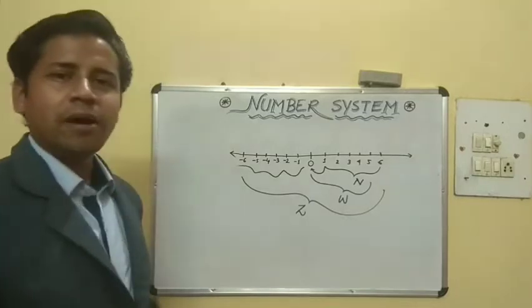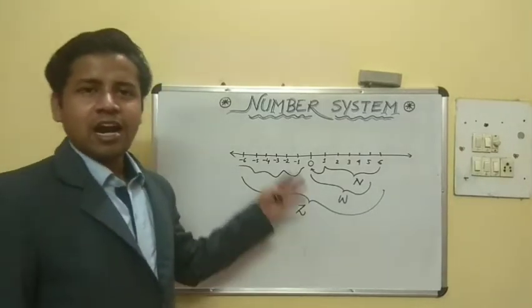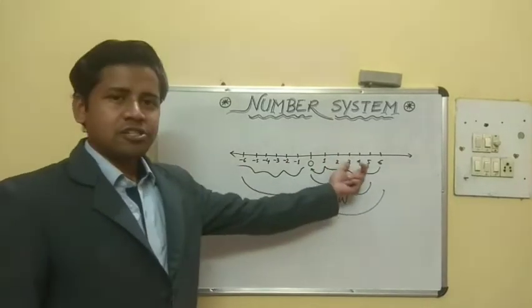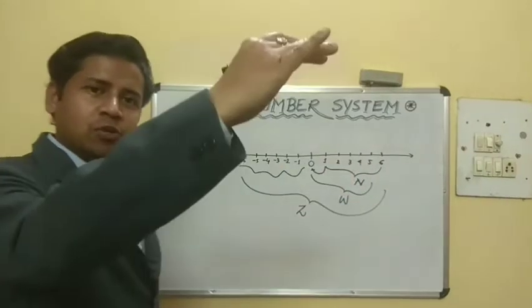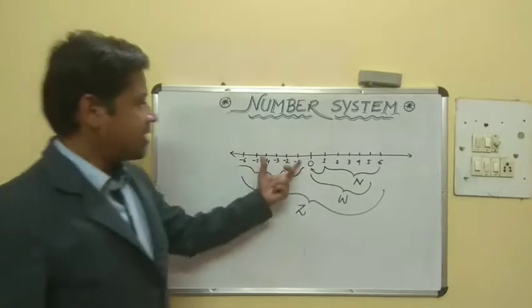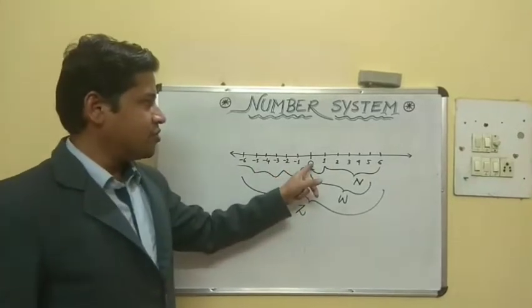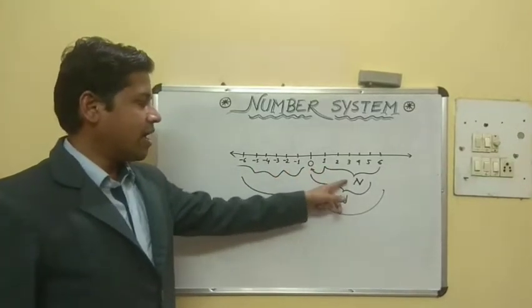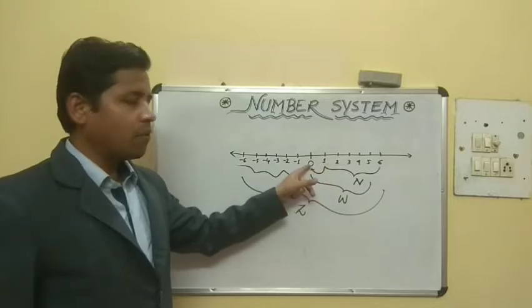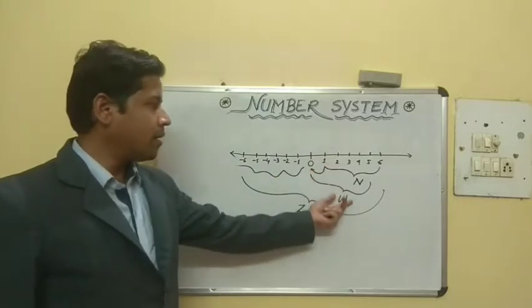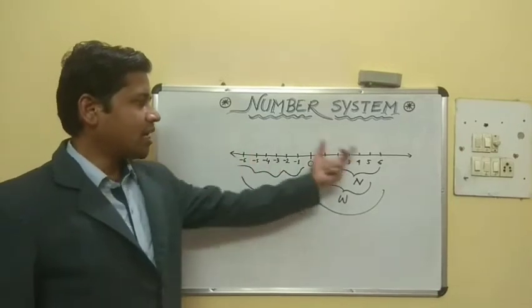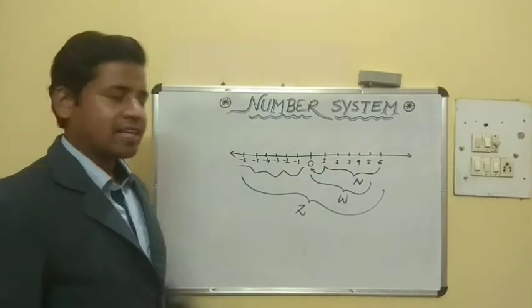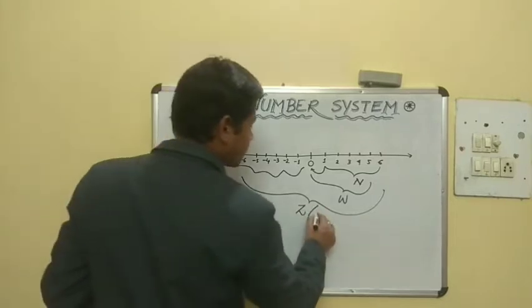Integers are denoted by capital Z. There are positive integers, that is natural numbers 1, 2, 3, 4, 5, 6 and so on to infinity. At the same time, if you include 0 with the natural numbers, it becomes the whole numbers. Along with the negative numbers, the total collection is Z, the integers.